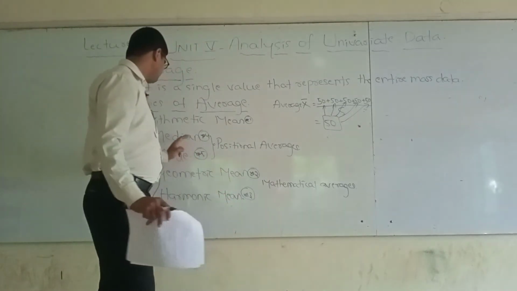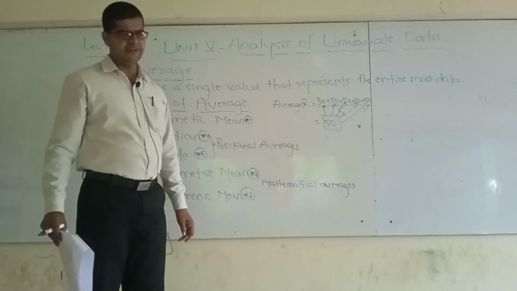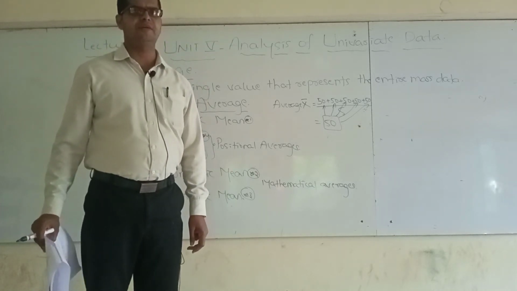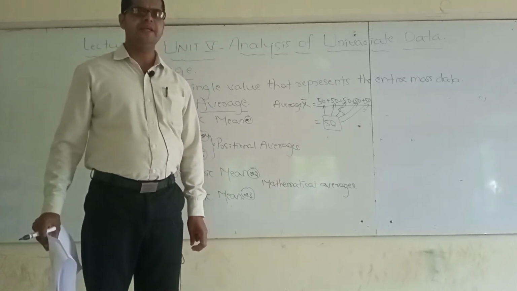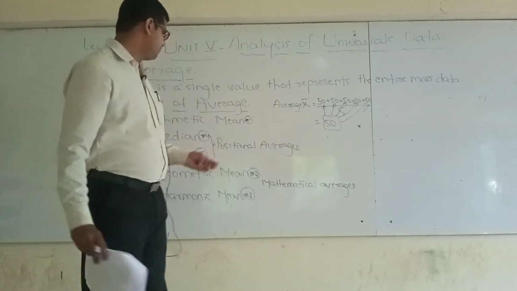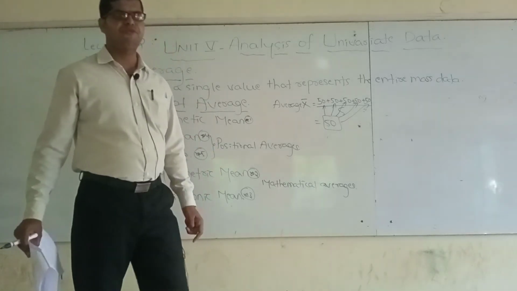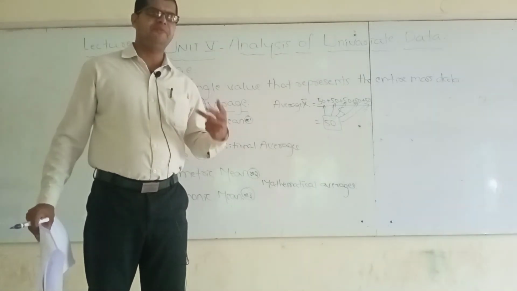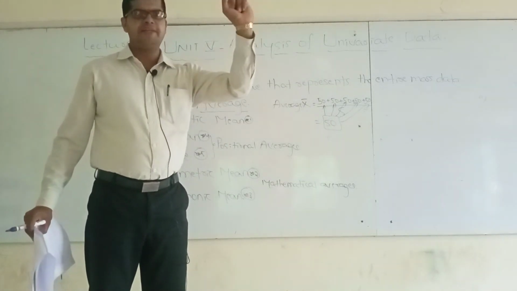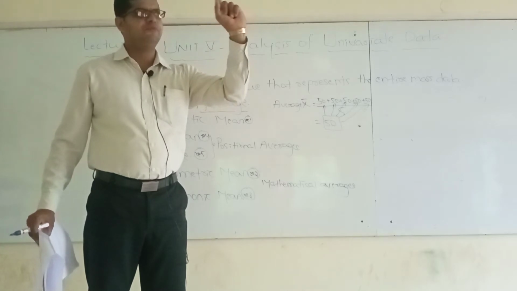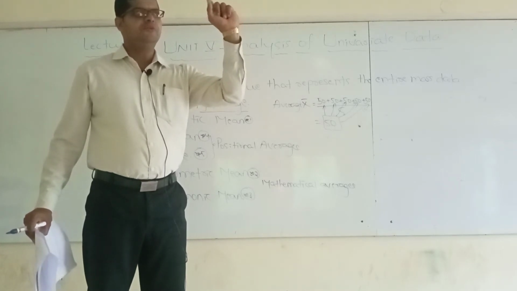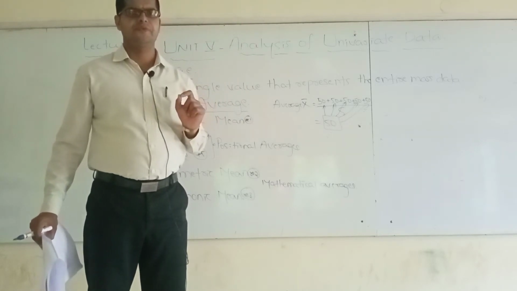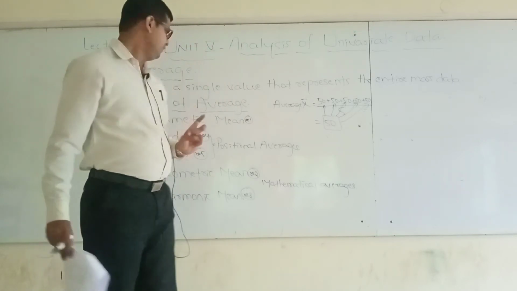But in the case of median and mode, we find the position of the particular data, and at the same time we represent median and mode in the form of graphs. And you know that when we prepare graphs, we find the value which is there in the particular position. That's what they have given.